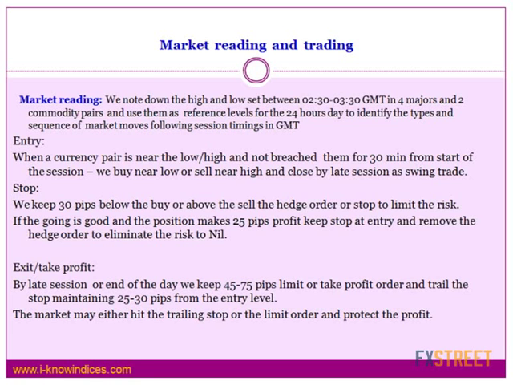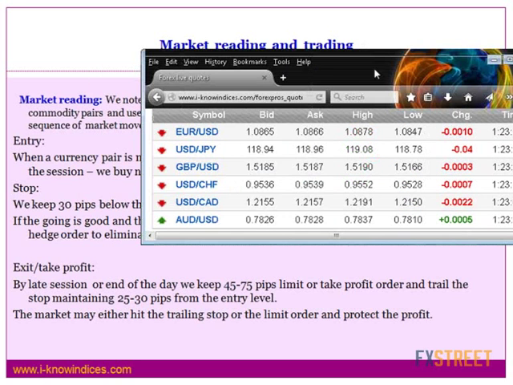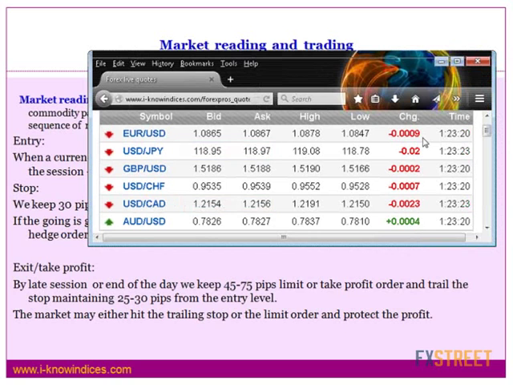Say for example now, euro is around the 1.0866 level. So here you come across the net change is 9 pips. That means when you compare it to the Friday close level, it is about 9 to 10 pips lower.